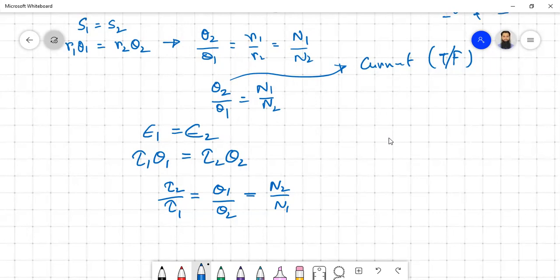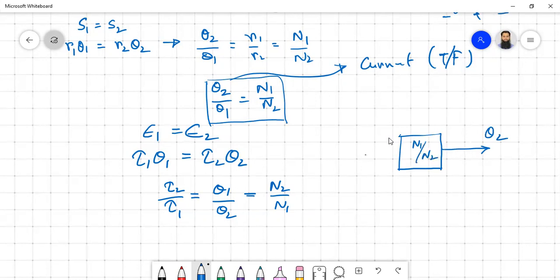So one relationship is this, and based on this relationship, if you have a system with gears and you want to find out the output displacement theta 2, then your transfer function has to be something like n1 by n2. If you give theta 1 here, then you're going to get theta 2. Similarly, using this one, the output torque tau 2 can be related with n2 by n1.